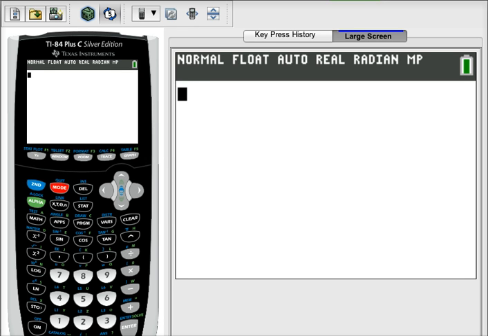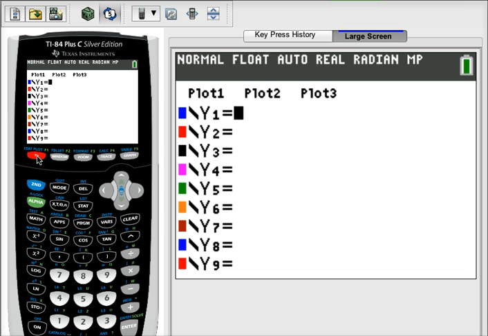Okay. So what you're going to do, the first instruction says go to y equals. So I click y equals and a screen like this should come up. Okay. So it's asking you for your first function. And the function we want to graph is 3x.